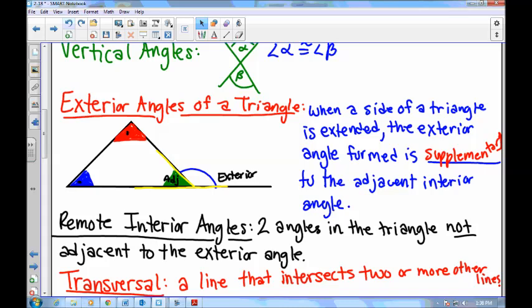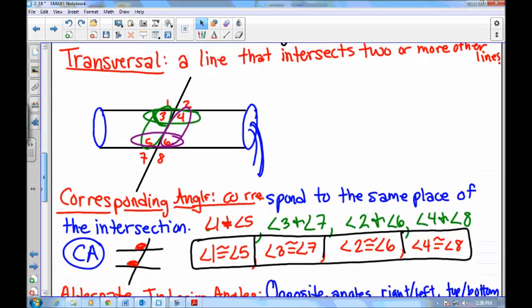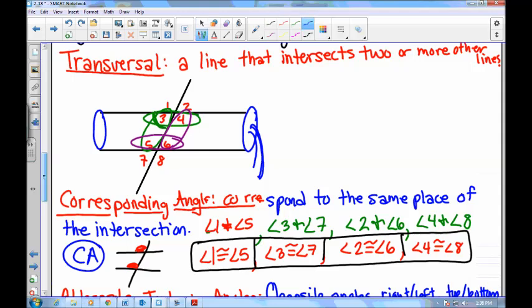For all of these, we started with the phrase, with given information. For us, we were given that we had parallel lines and a transversal. And we said, knowing that they're parallel, all of a sudden we have these angle relationships.